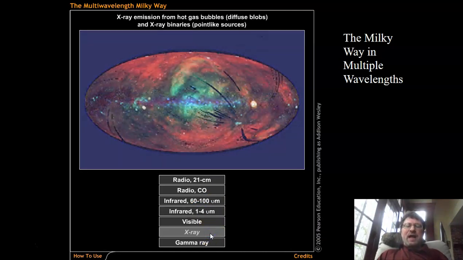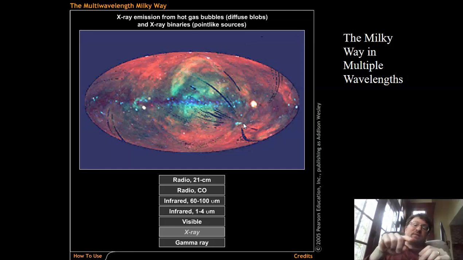In the X-ray, we can see where there are hot bubbles of gas. A lot of these bright spots in the X-ray image are corresponding to individual binaries. Maybe you have a compact object of a neutron star or a black hole, for example, with material that's forming an accretion disk around it and getting very hot and emitting in the X-ray.